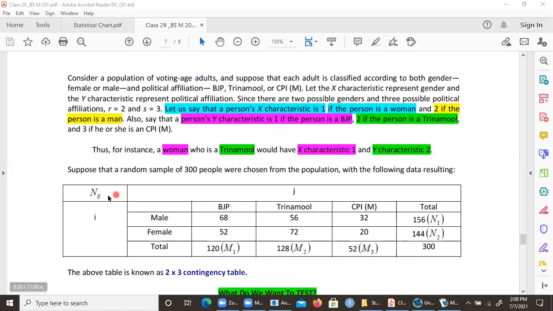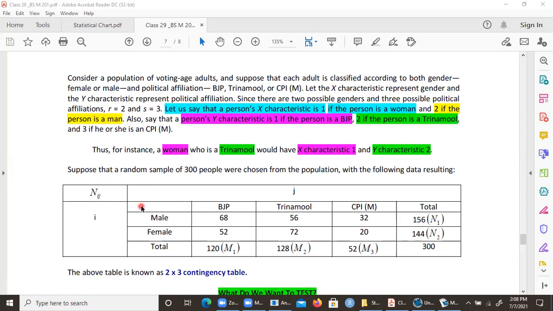I'm coming to the meaning of these notations very shortly. I have also written this term called Nij. Capital N is the number of observations. Previously there was unidirectional observation in the previous two problems.